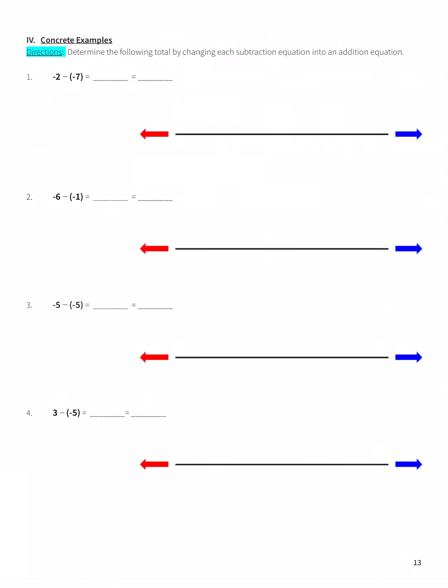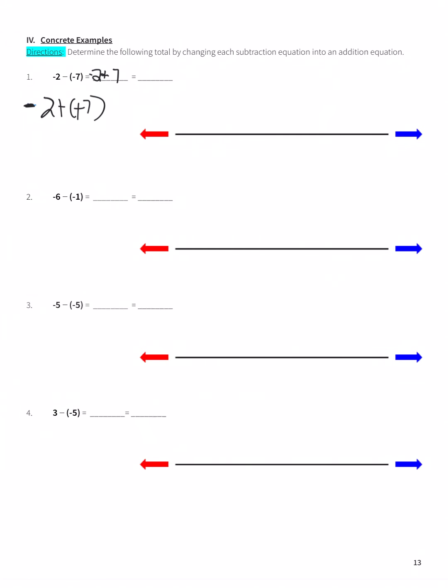Okay, so here's a couple examples that we're going to try. And again, you guys, we can think about that rule that I said, that click-clack rule. So if we have this first problem, you can see right here that we have -2 minus -7. Well, what happens if we click-clack? We're adding the opposite. So -2 minus -7 can be rewritten as -2 plus 7.